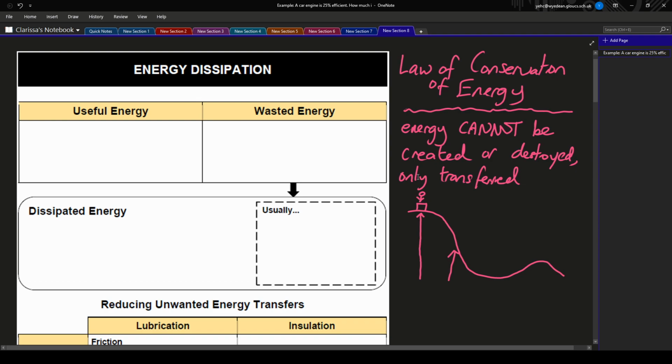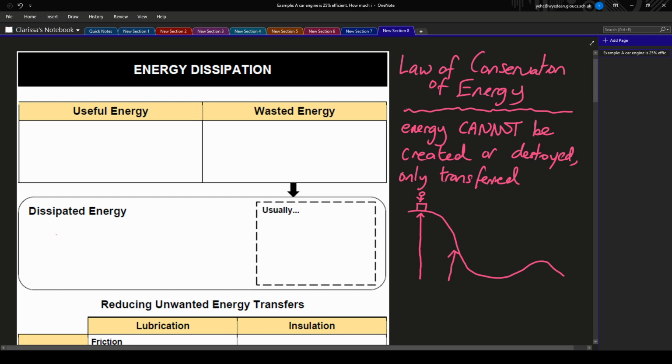Basically, energy is obviously a very, very useful concept for us. We make use of it all the time in engineering. When we make tools in daily life, we always need to think about what is going to be useful to us as humans and what's not very useful. So when we're designing or using appliances, we always have to think about what is going to be useful energy and what is wasted energy.